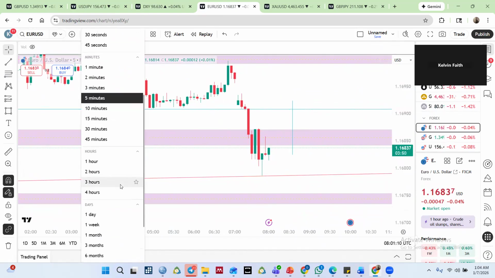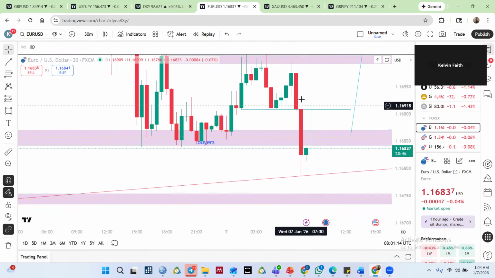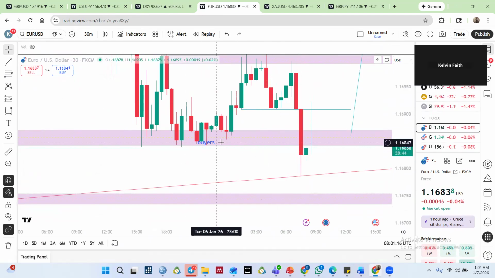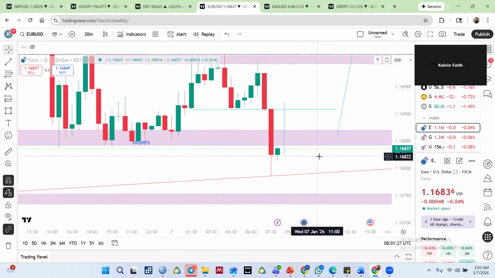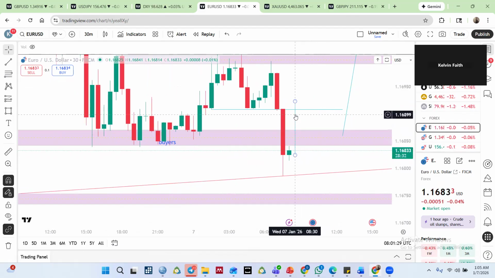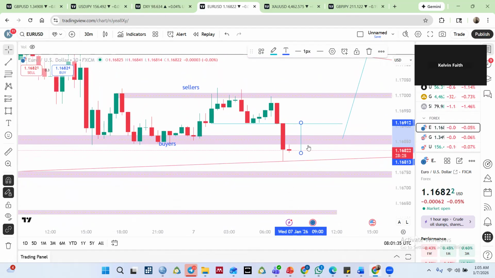Let me see the 30 minute, a new 30 minutes candle open. Okay, so there is a bearish body close and a new 30 minutes candle just open, but there's some kind of rejection here. So let's see how far this new 30 minutes candle will go. At least it should be able to do some kind of retest here before dropping, but let's see how far it will go.